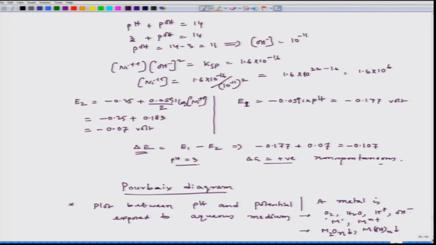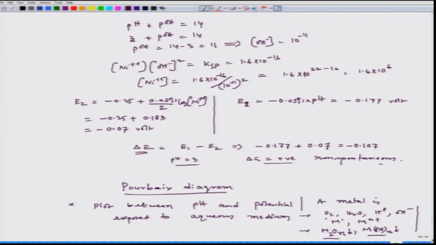Whenever we expose a metal in such a system, oxygen may not be present, but hydrogen ion would always be there. There could be presence of oxygen, and once you have a metal, there could be formation of metal ion, and if the situation permits, oxide or hydroxide.